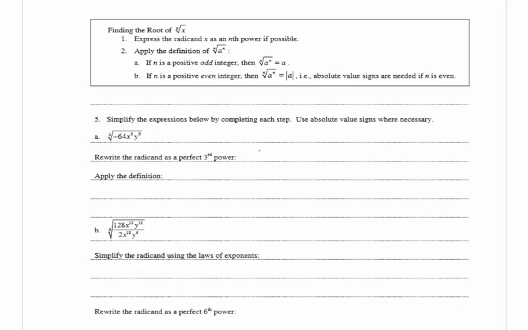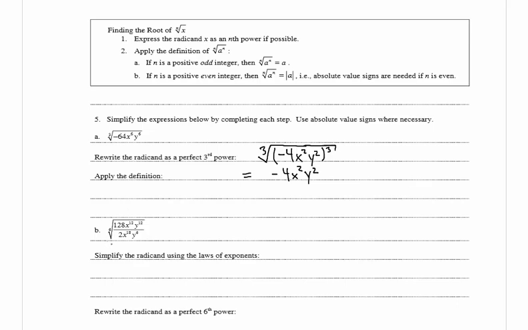So we're going to have the cube root of negative 4 x squared y squared, cubed. And now we have the cube root of something we're also cubing. So the radical is going to go away, and this is equal to negative 4 x squared y squared.